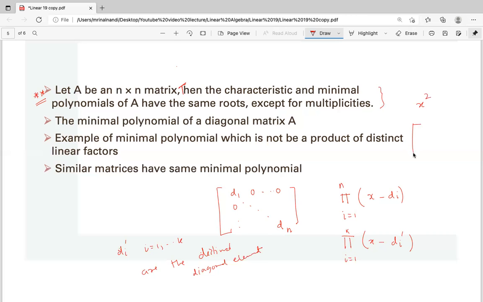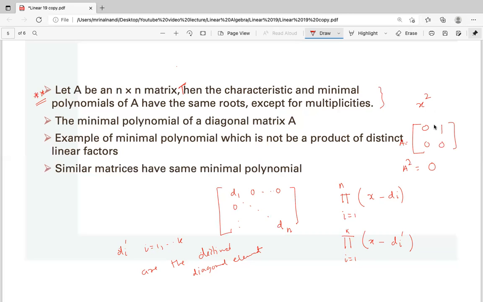Say the matrix A is 0, 1, 0, 0, right? In that case A square equals the null matrix. So here the minimal polynomial is x square, not x, and x square is the characteristic polynomial also.